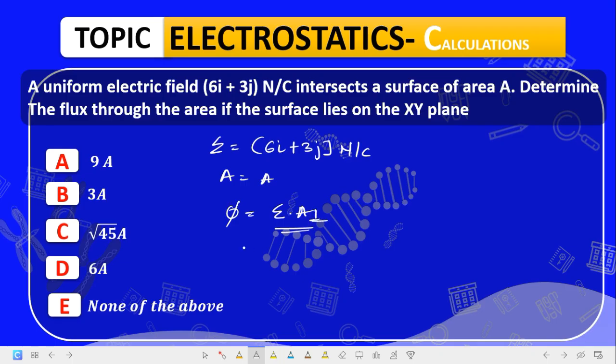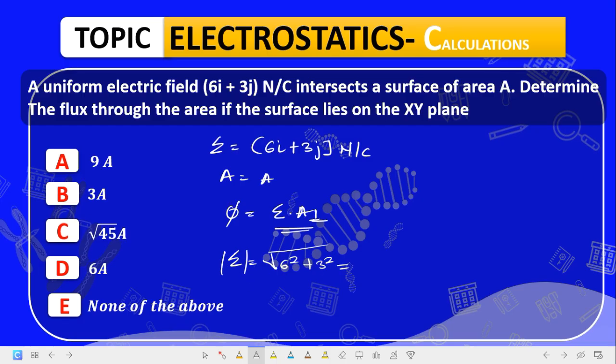Now the area was given as A. So we must find the electric field intensity. But the electric field intensity was given in unit vector form, so we must calculate its magnitude. From our understanding of vectors in our first semester, the magnitude of E will be the square root of 6 square plus 3 square.